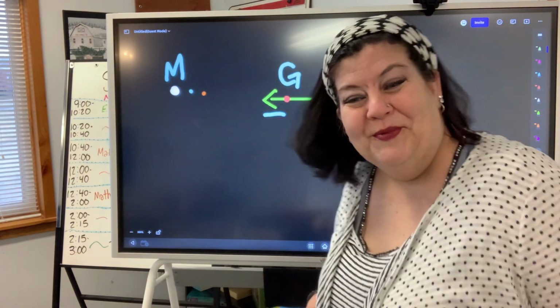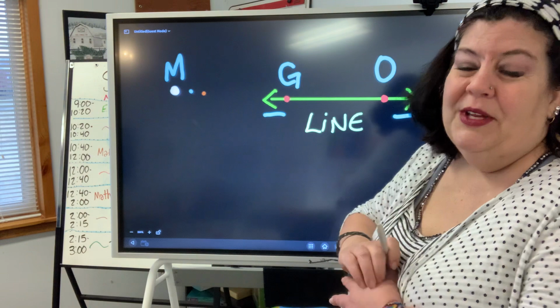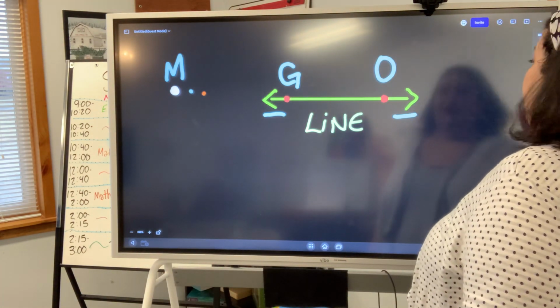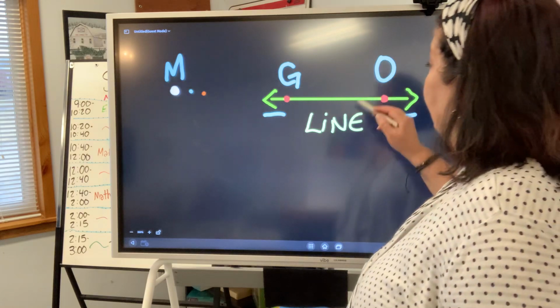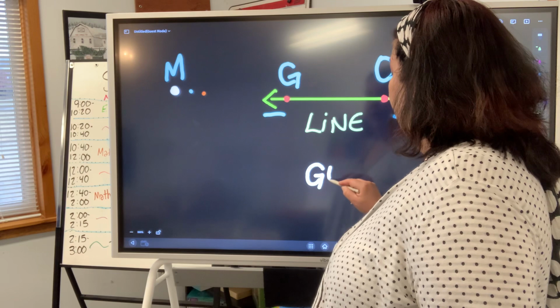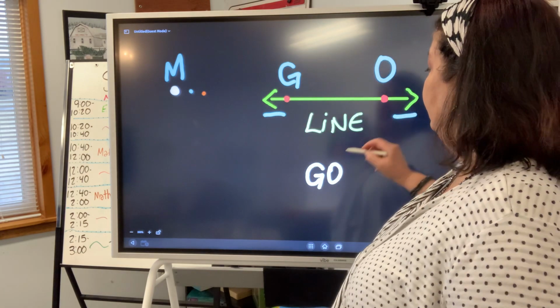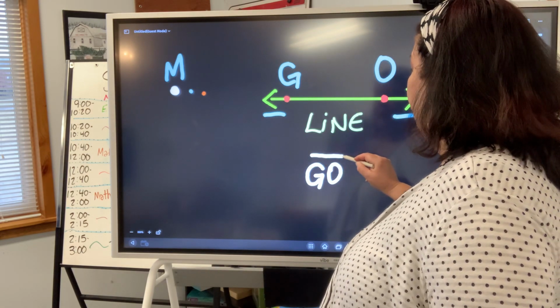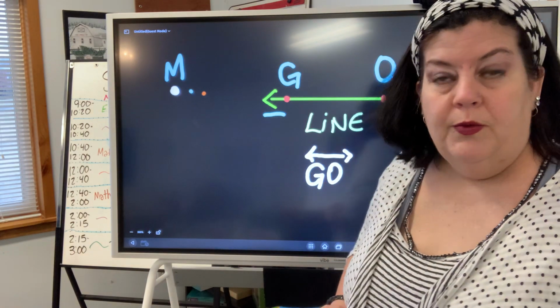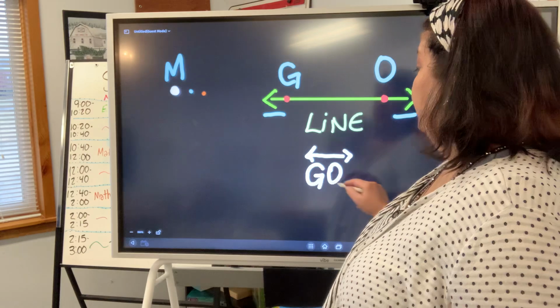That's pretty easy to remember, right? Alrighty. So sometimes we have to write these and represent them with letters. So what we do is we would write the G, the O, and then we would make a tiny little line above it. And that's how we would represent line GO.